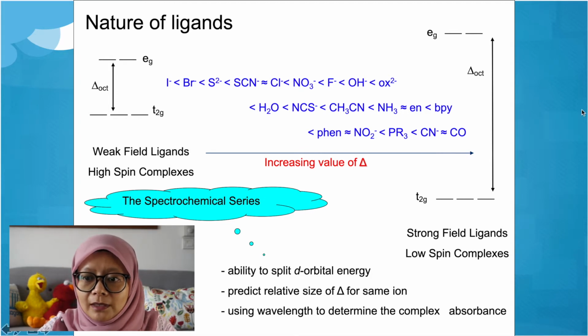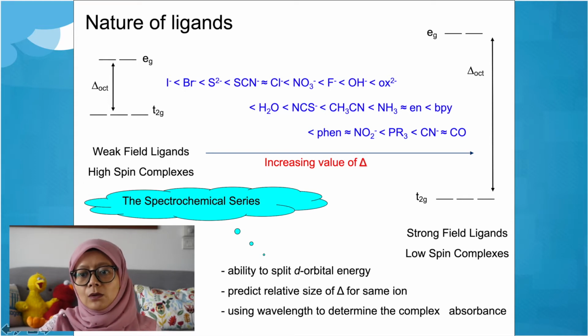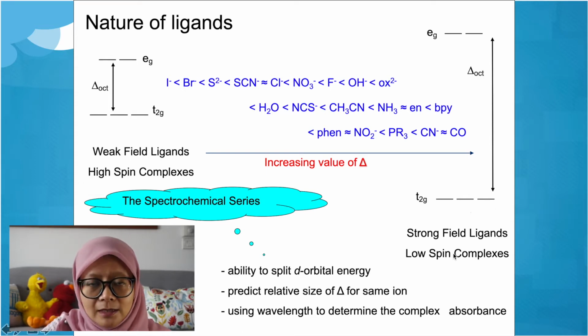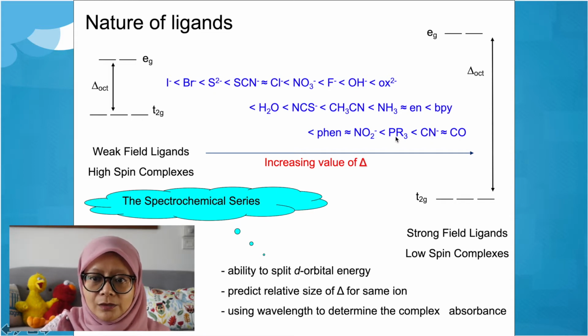Based on this spectrochemical series, we can have two types of complexes. First one is the low spin complexes, where you have the strong field ligands. For example, here we have CO, carbonyl, cyanide, and so on.